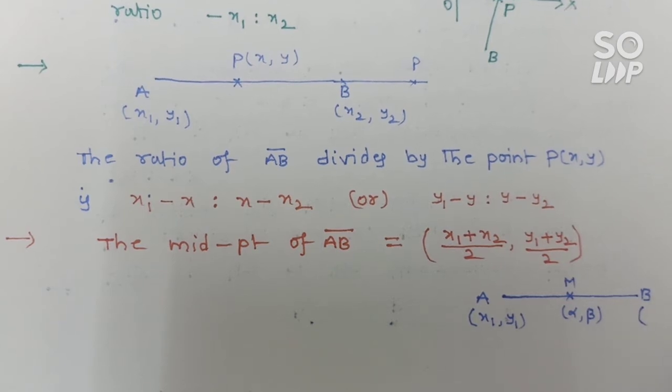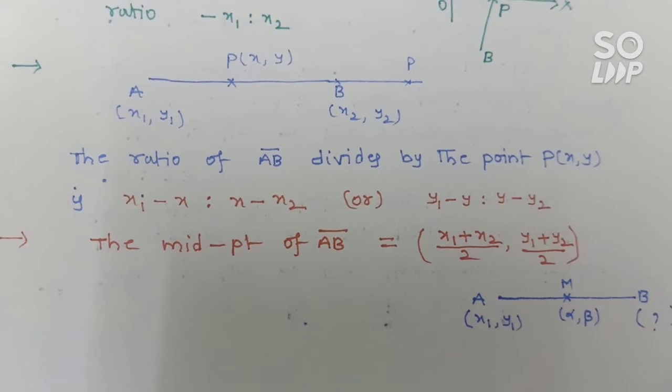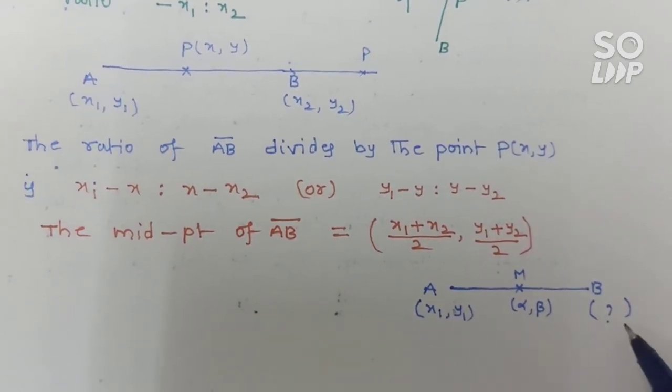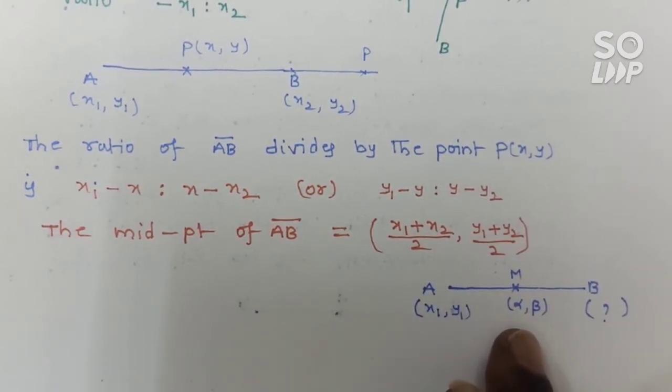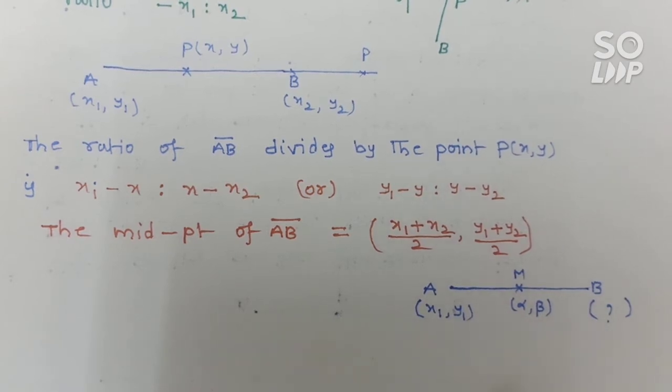Then what are the coordinates of the other end? How can we find the coordinates of the other end? Let this point be h comma k. By using this formula you can find it, but directly by the concept you can write the coordinates of the other end.